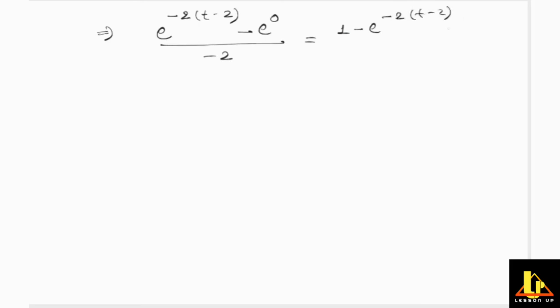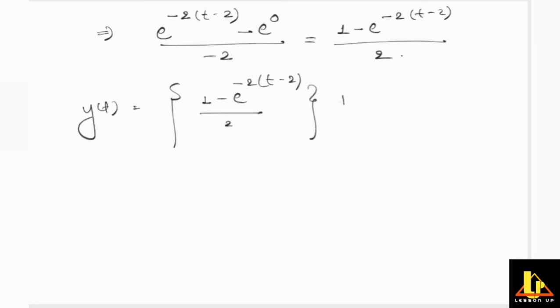Now if we put the upper limit minus lower limit, you will get e to the power minus 2 into t minus 2, minus e to the power 0, divided by minus 2. So you will get 1 minus e to the power minus 2 into t minus 2, divided by 2, for t greater than 2. So your output y of t will be 1 minus e to the power minus 2 into t minus 2, divided by 2, if t is greater than 2.